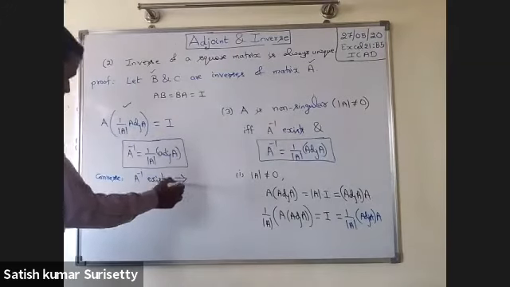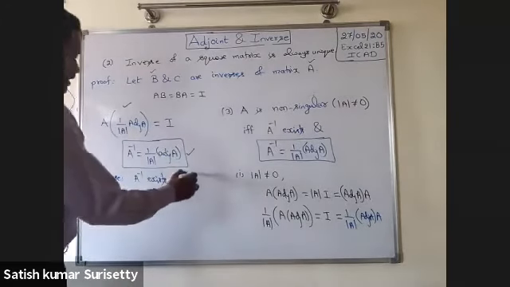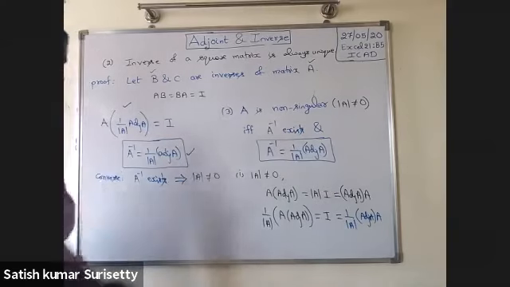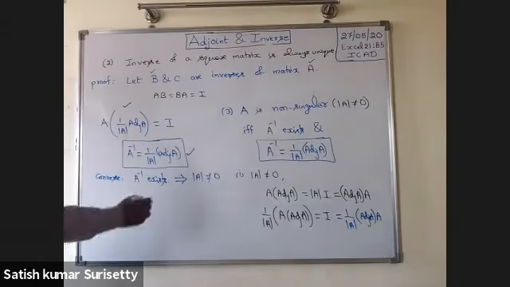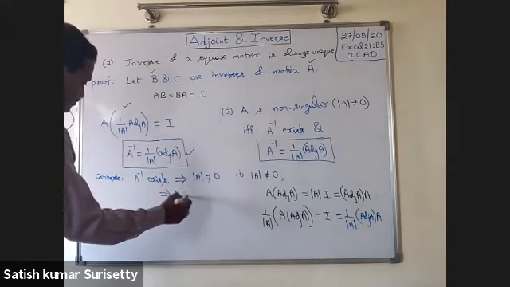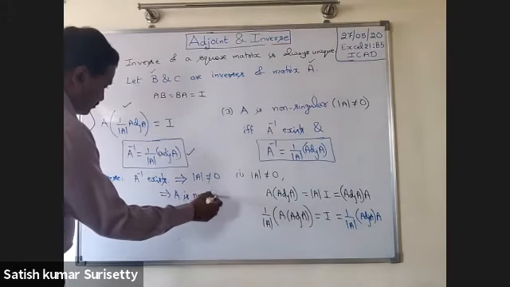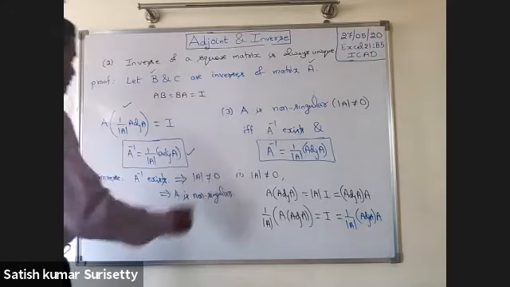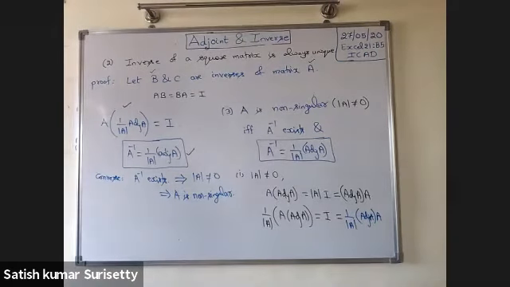Then what can you conclude from this? Determinant of A is not equal to 0, which implies A is non-singular. That means you can say that the inverse exists only when A is non-singular. So if it is a singular matrix, then the inverse does not exist.